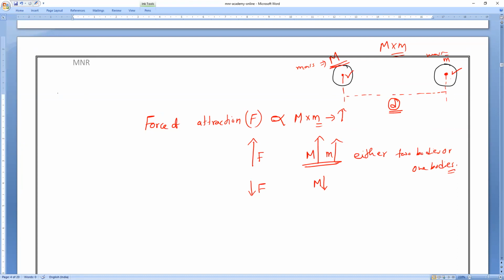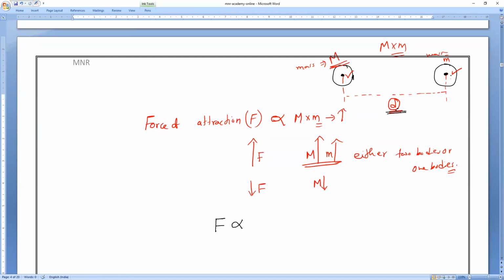Understand? Now, the distance between them we have assumed as D. The distance between them is not from the surface, but from the centers. From the centers, the distance between them is D. So the distance is also affecting the force of attraction.